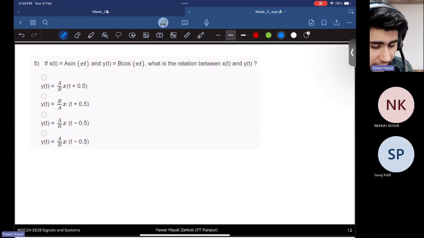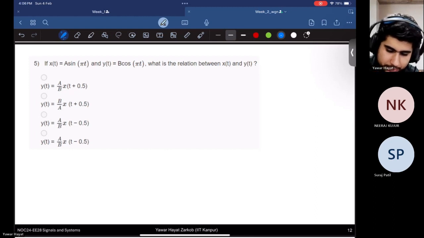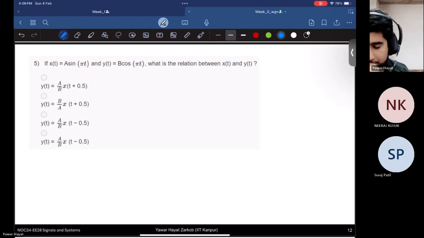We are interested in finding a relation between x of t and y of t. So you need trigonometry to solve this question. Attempt this question.